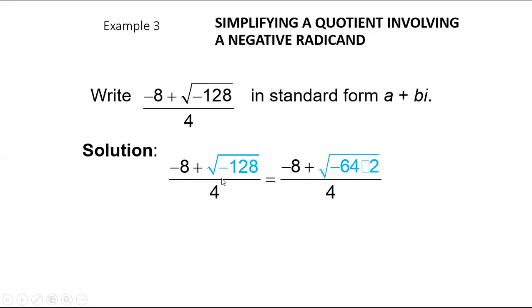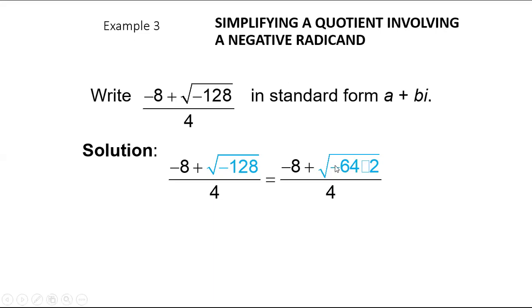It can also be represented as minus 8 plus square root of minus 64 into 2 divided by 4. So 128 can also be written in sub-factors of 64 and 2.